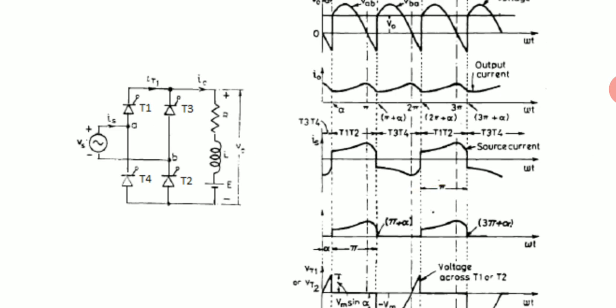The load here is consisting of series RLE load. We have already discussed half wave rectifier, so we now know what is the change in waveform when load is changed from R to RL or from RL to RLE.